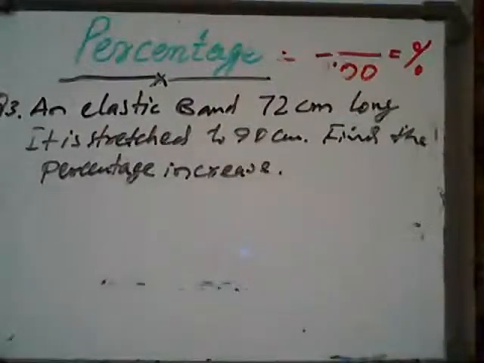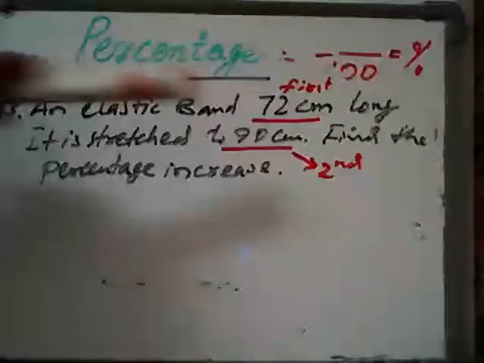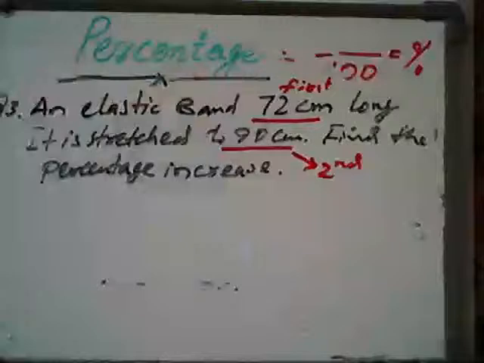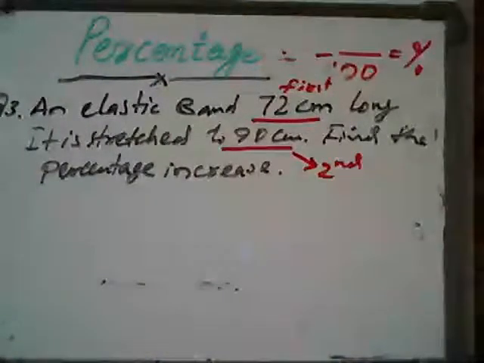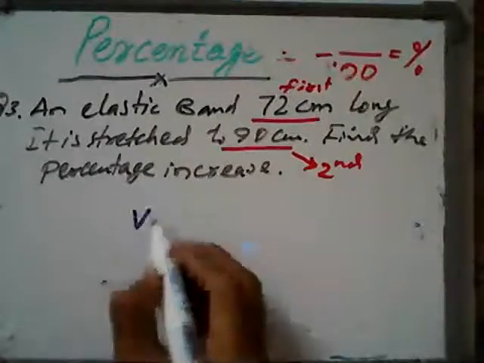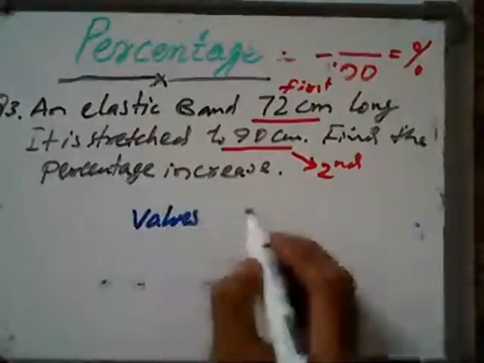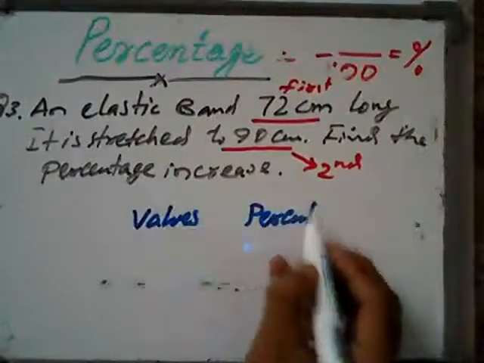Okay, now first we need to comprehend the question. The first value and the second value. Now we have not been given any percentage, but we must remember that the first value is always considered as 100%. So now we have two columns, values and percent.